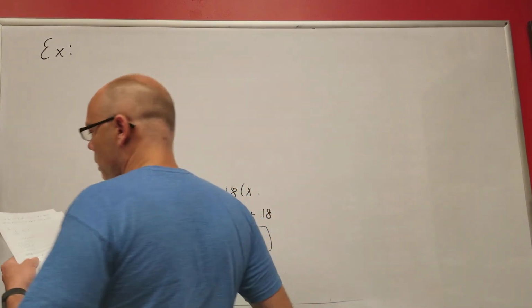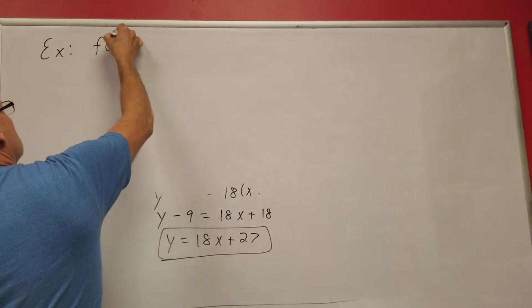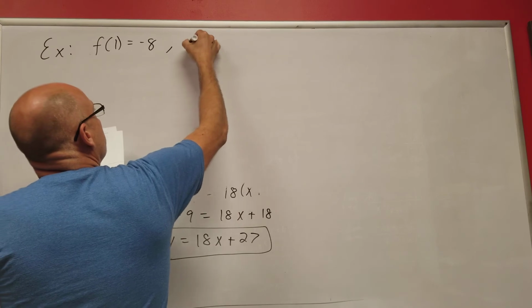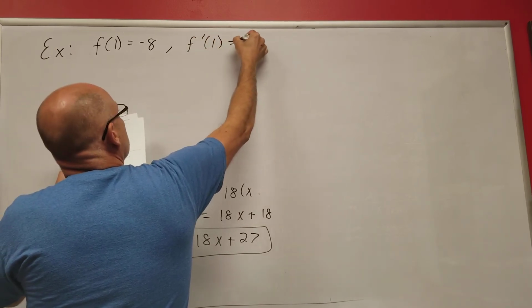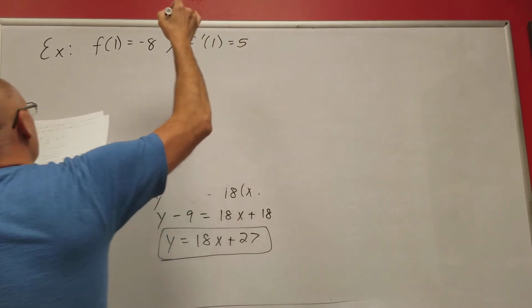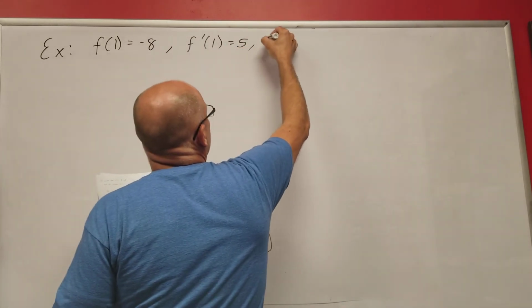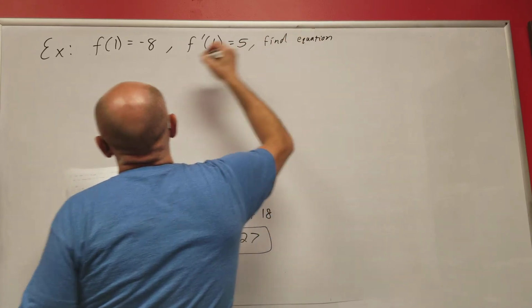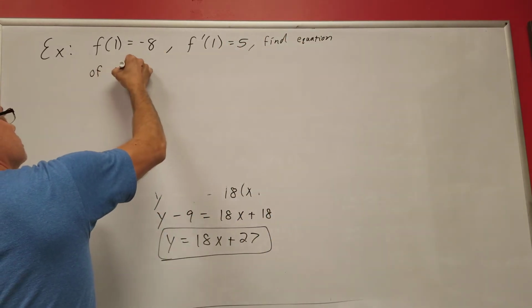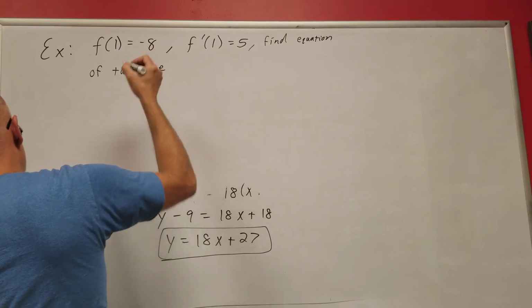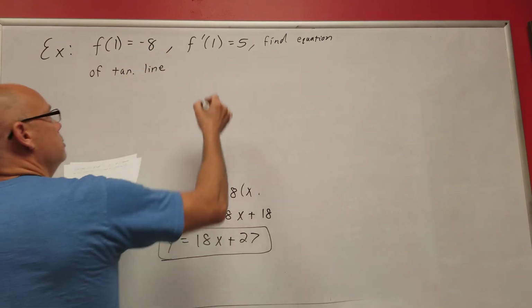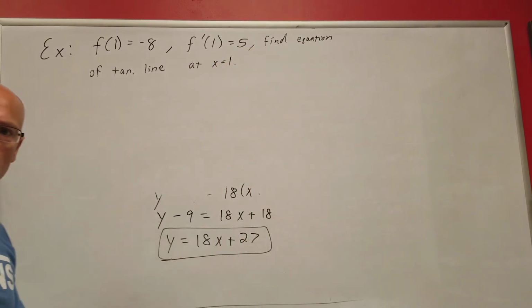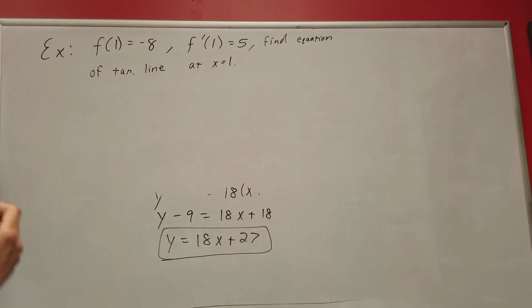It says, given that f of 1 is equal to -8 and f prime of 1 is equal to 5, find an equation for the tangent line at x is equal to 1. Now I'm abbreviating these instructions. It's technically a tangent line of y is equal to f of x and so forth.